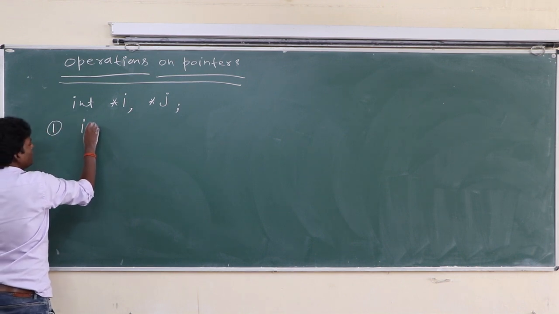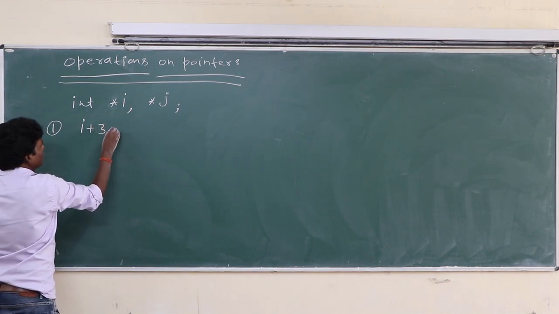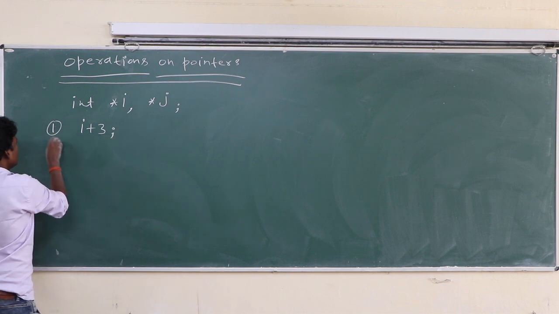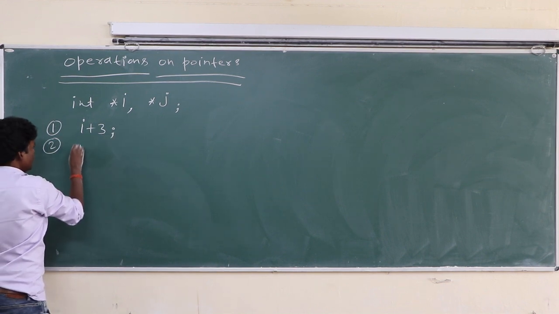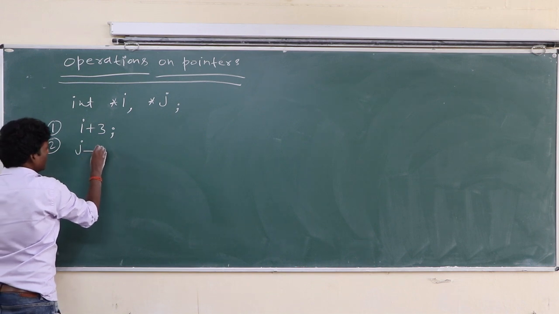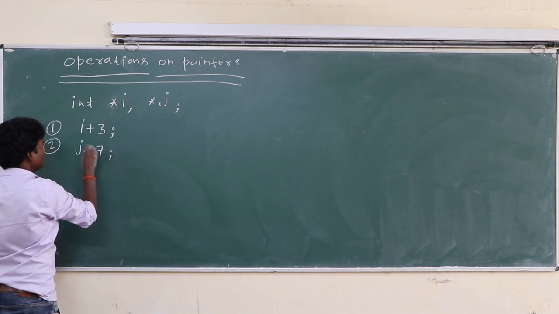I is a pointer, we can perform some value. This one is true. J is a pointer, we can perform this.